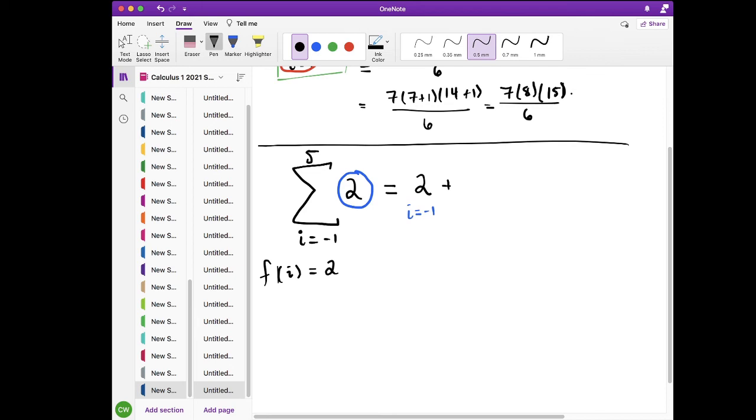Exactly. Also 2. What happens when you plug in 1? Well, you get 2 again. It's 1, then 2, 3, 4, 5. Yeah, so don't be afraid if you don't see an I. That just means it's easy. So is that 1, 2, 3, 4, 5, 6, 7, 7 times 2.